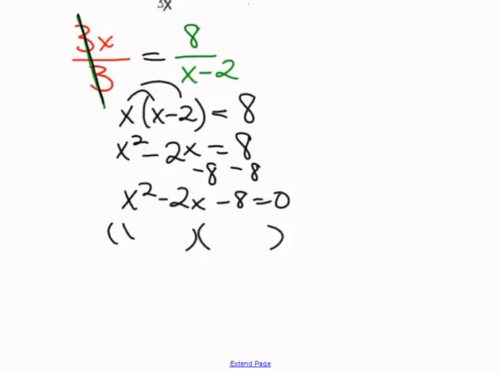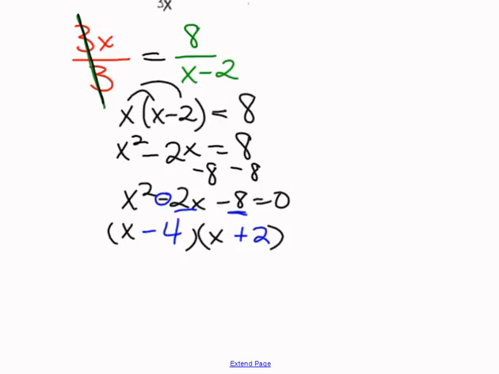Okay, so the first numbers are always going to be x. Okay, they have to multiply to this and sum to negative 2. So that would be 2 times 4, right? 2 times 4 is 8, so that means it's going to be a negative 4. Okay, so a negative 4 and positive 2.